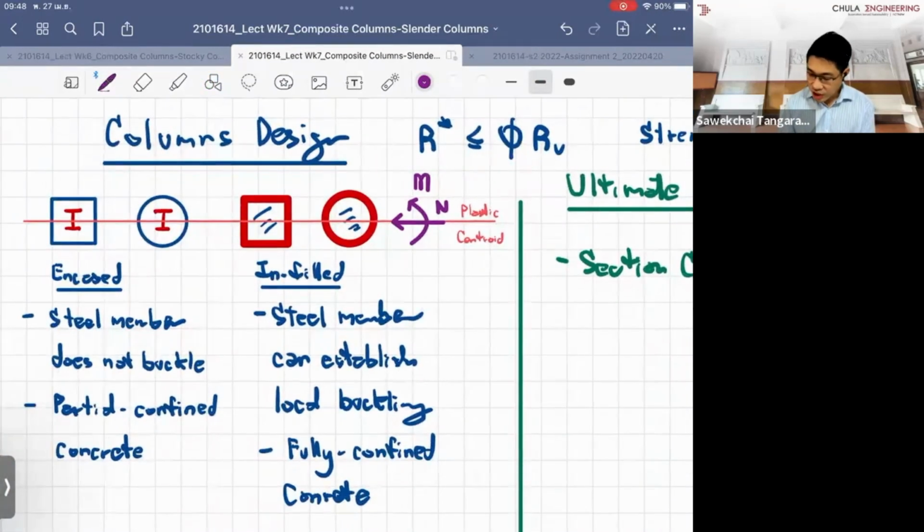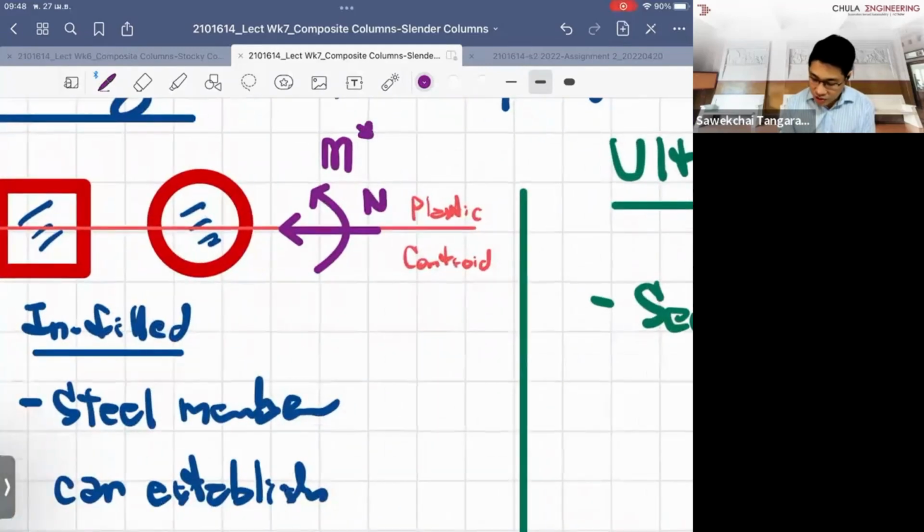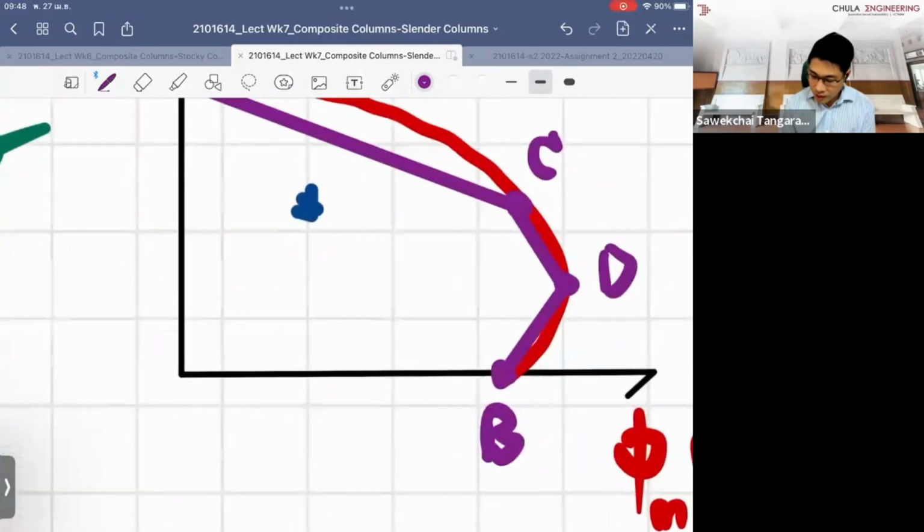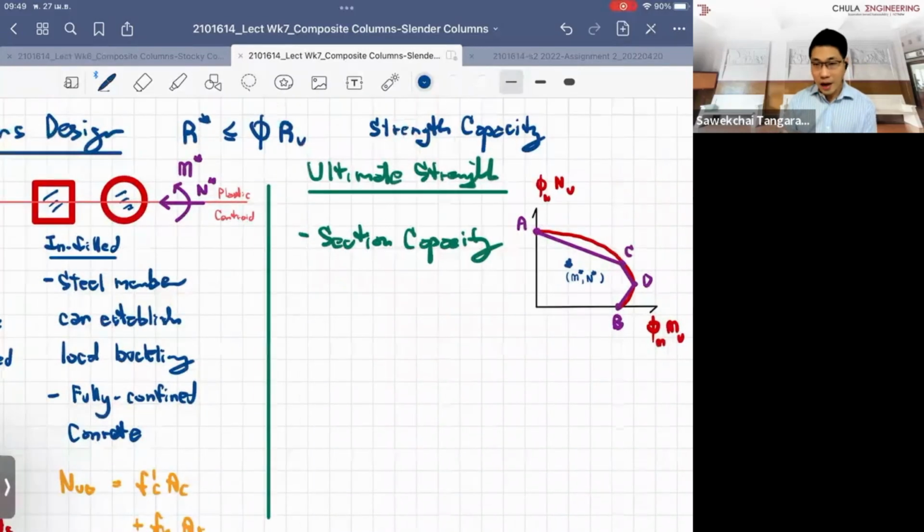And you just have a check, and don't forget that these two have to be multiplied by the load factor as well. You just check whether the combination of the bending moment and the axial force sits inside the envelope or not.